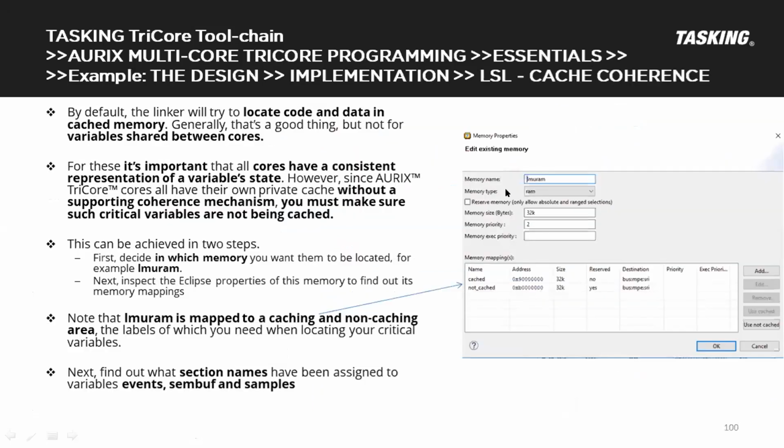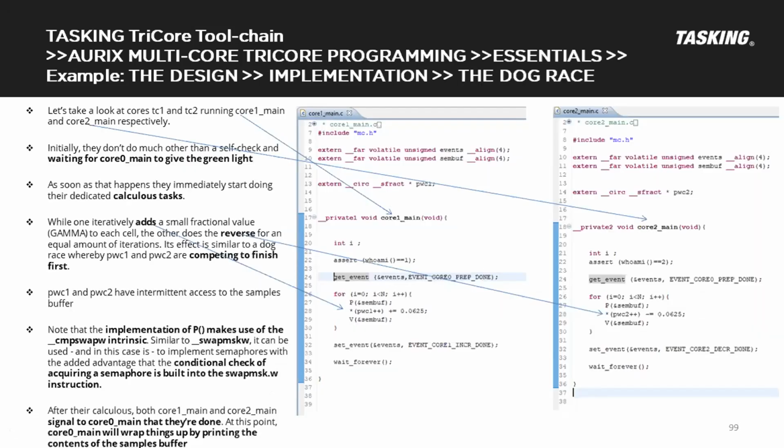Okay, so let's have a bit of an overview about how the memory looks like, because as you already saw, we already declared here some data elements, so this event and this semaphore.